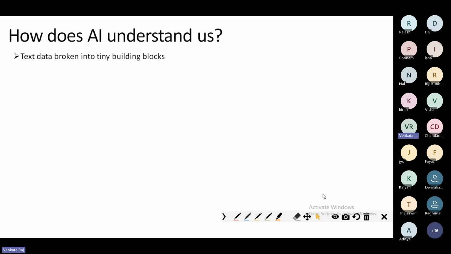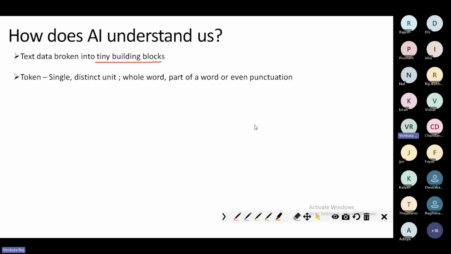Whatever text data we provide is broken into tiny building blocks. These blocks are known as tokens, guys.